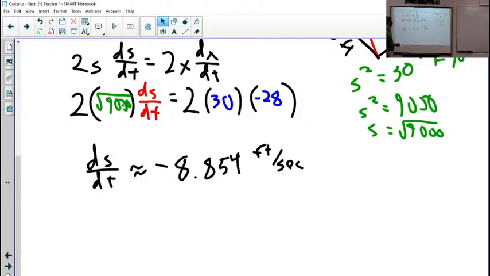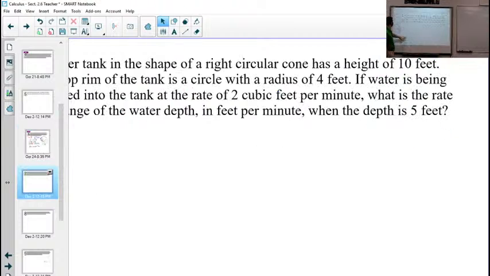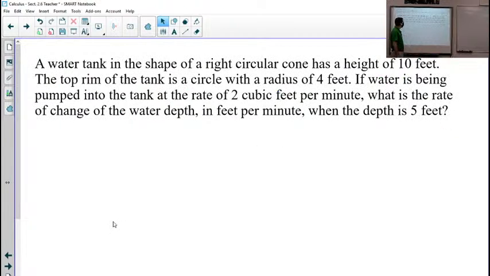All right, let's do one more here. A water tank in the shape of a right circular cone has a height of 10 feet. The top rim of the tank is a circle with a radius of 4. If water is being pumped into the tank at a rate of 2 cubic feet per minute, what is the rate of change of the water depth in feet per minute when the depth is 5 feet?